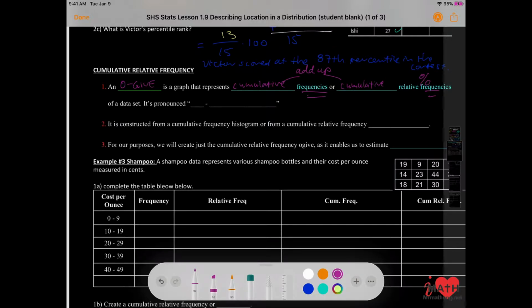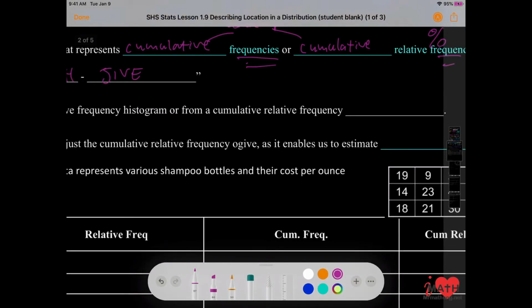It is pronounced ogive. That's the fancy word. You can use relative frequencies, or you can use ogive. It is constructed from a cumulative frequency histogram or a cumulative relative frequency histogram.